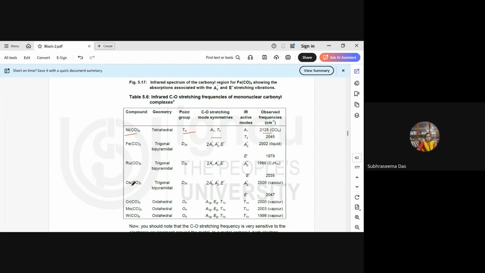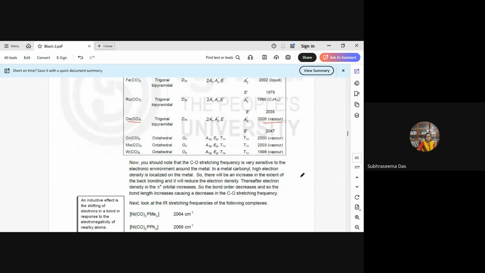Similarly, if we take osmium pentacarbonyl, the structure is trigonal bipyramidal and the point group is D3h, and the observed frequency has been found in this range. So this is how IR shows different frequencies depending on the metal and its geometry.